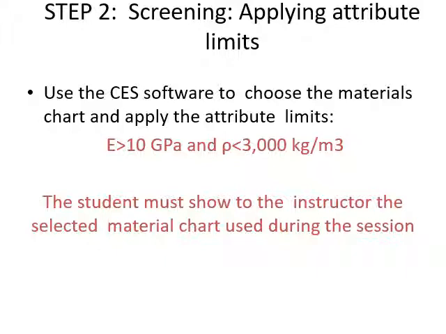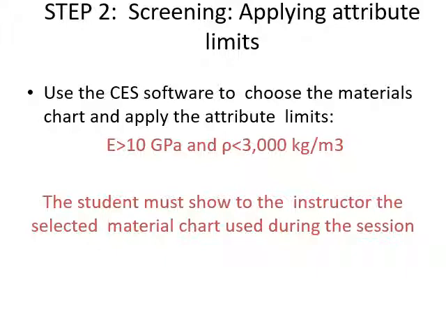Using the software, you need to set the constraint attribute limits, which is that the Young's modulus needs to be much bigger than 10 gigapascal, and the density needs to be lower than 3000 kilogram per meter cubic. So no worries about this one. This one is only for the demonstration in the CES or Granta EduPack software.